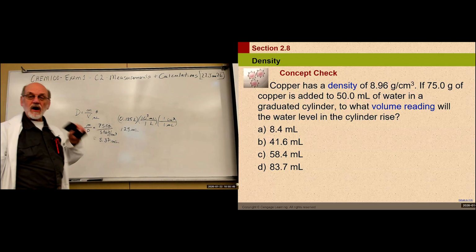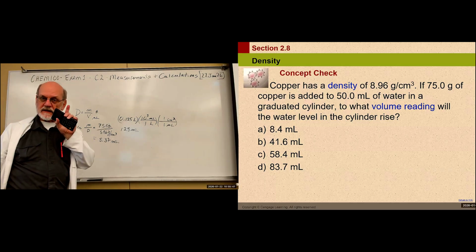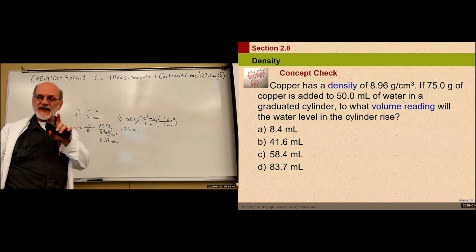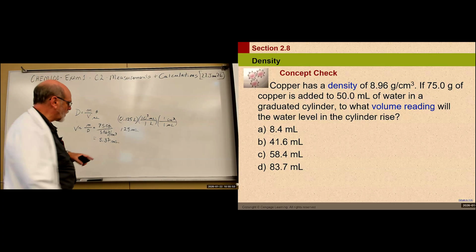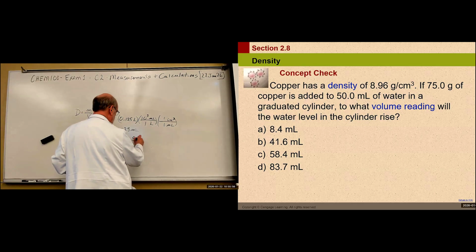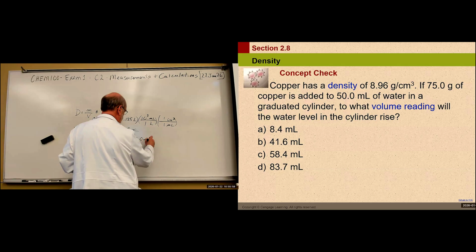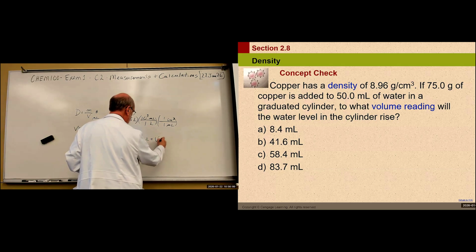That's the volume of the copper, but that's not the answer to the question. What will be the new reading if we start at 50? This is equal to the initial volume.